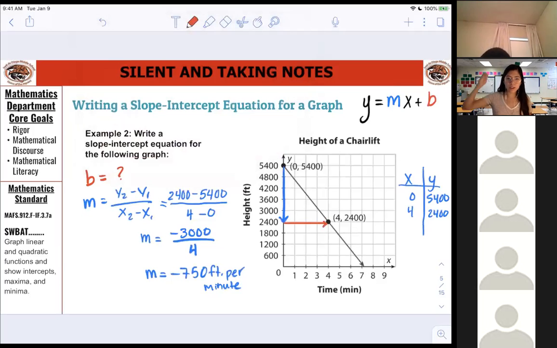What are the units going by? How much is each box worth? 600.